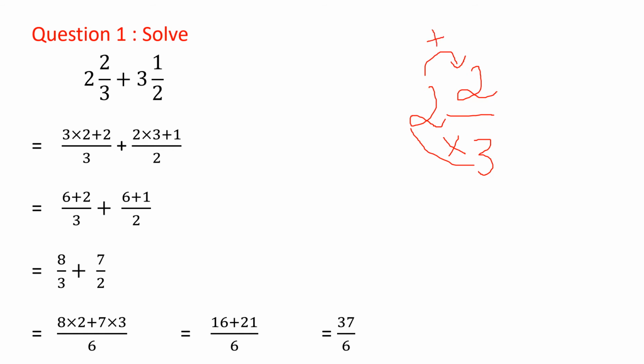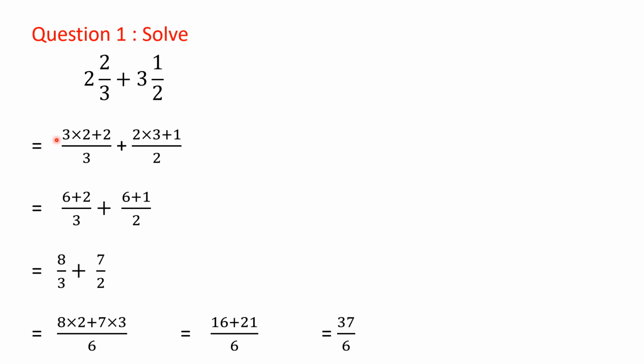So that is the way you need to do it. So 3 into 2 plus 2. 2 into 3 plus 1. So here 3 into 2 plus 2, right? Here also 2 into 3 plus 1.